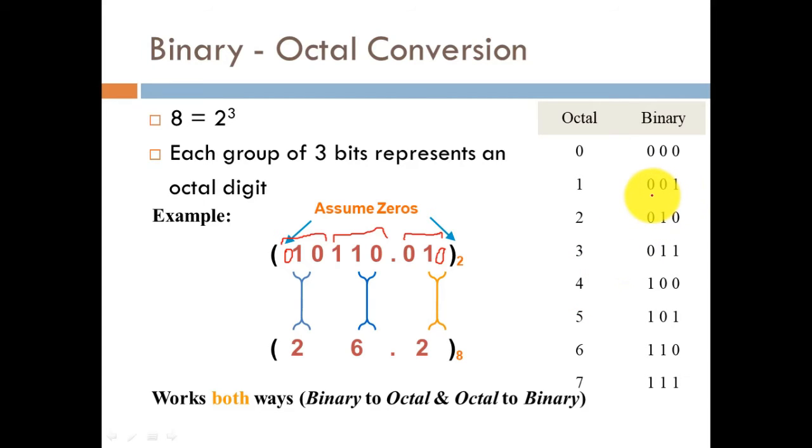If the block of bits is 001, then we write 1 in the octal number system. We already discussed that it works both ways, binary to octal or octal to binary. So this is how we convert a binary number to the octal number system.